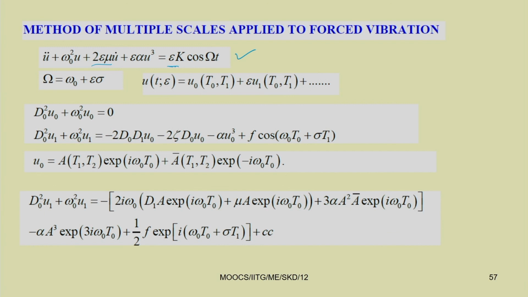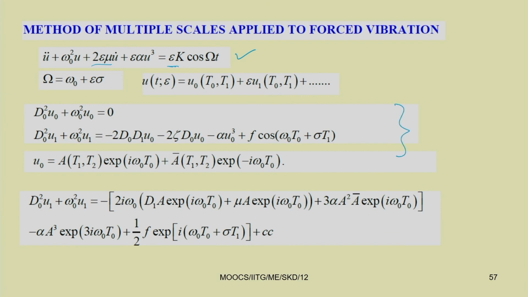Following a similar procedure as in the method of multiple scales, that is by taking u(t, epsilon) equal to u 0 plus epsilon u 1, and substituting this in the original equation and separating different orders of epsilon, one can obtain these equations.